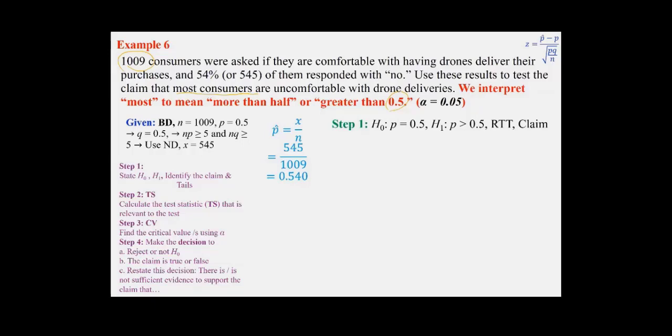You want to make sure you can access that and find out where the formula is in your formula sheet. And so p hat 0.54 minus p, which is 0.5, okay, divided by square root of pq. What is p? 0.5. What is q? 0.5. Divided by n. What is n? 1009. So this is the formula.